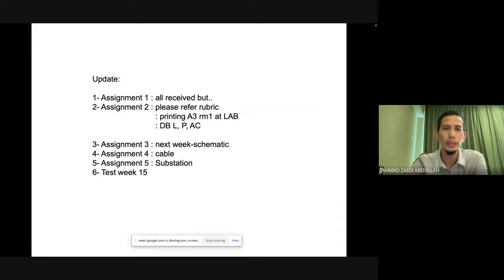Right, before that, just an update on your assignment. Assignment 1, I received all of the groups, but it is still under marking. Most of the groups did not follow the rubric marking, but since that is my mistake, because I did not upload the rubric earlier, I try to help all of you get some marks.